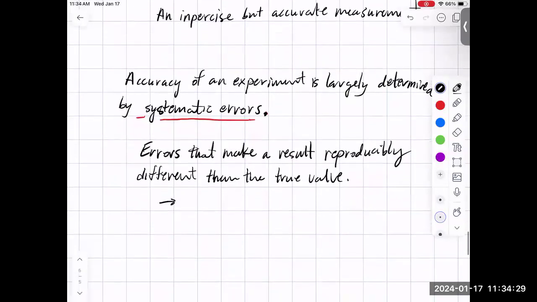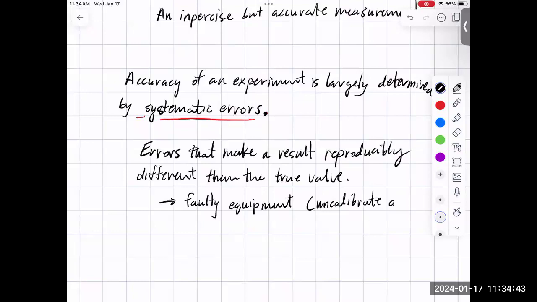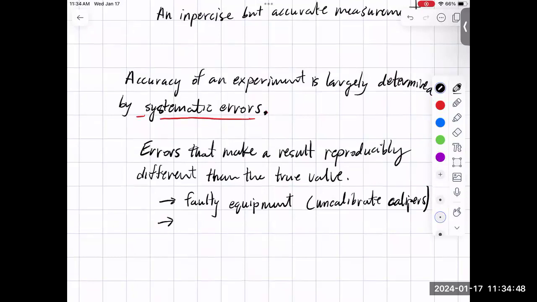So examples of this are faulty equipment, like our uncalibrated calipers. Or it could be something like bias. Your bias might be that you start your stopwatch too slow all the time compared to when your friend releases the ball, a slow reaction time that's reproducible.